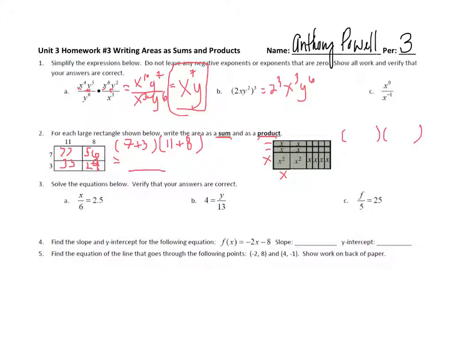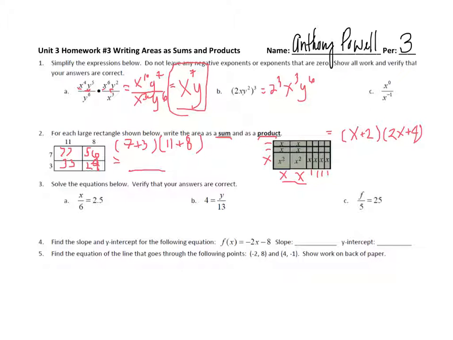That's a 1. That's an x. It's 1, 2, 3, 4. So one side is x plus 2, and the other side is 2x plus 4. I'll let you multiply that out for the sum, but there's your product answer.